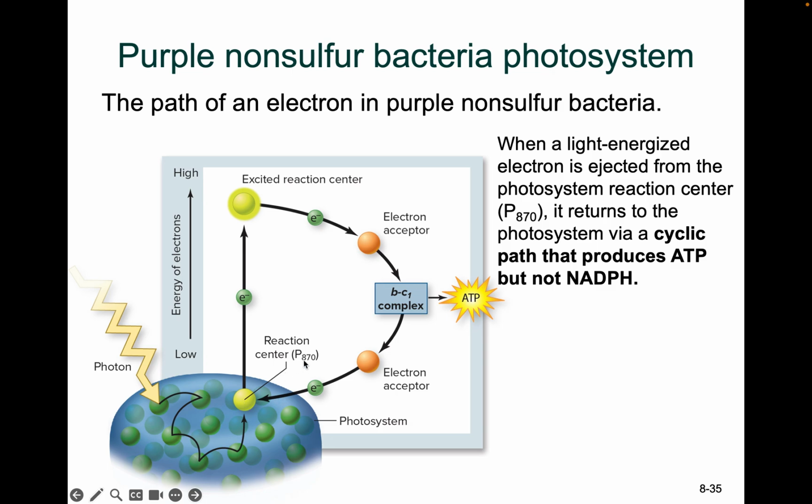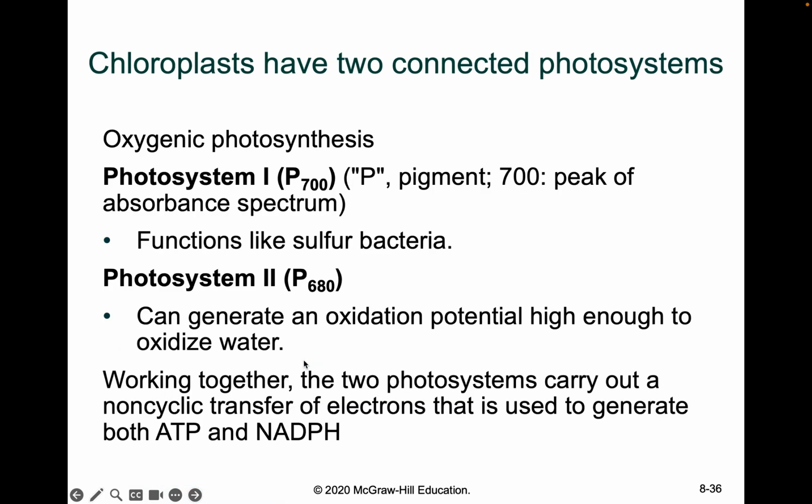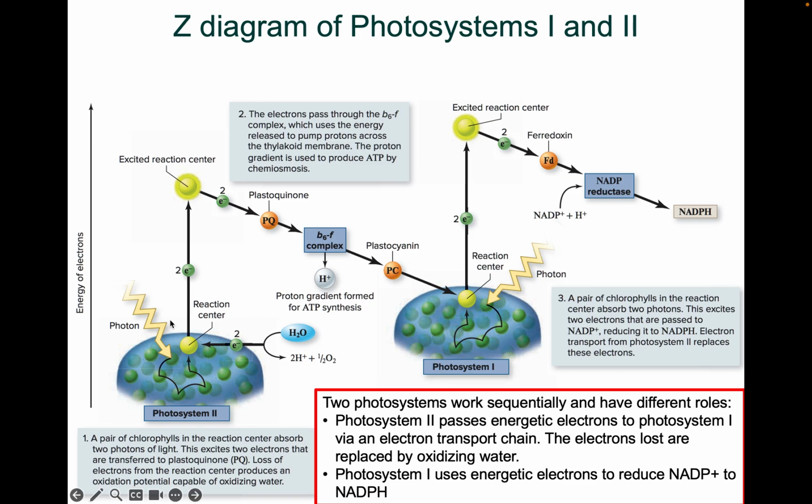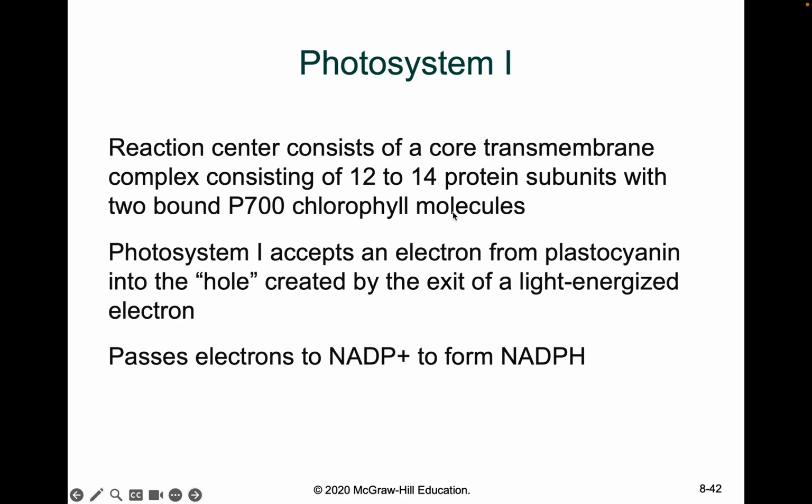While in both photosystems 1 and 2, in the reaction center, you have two chlorophyll A molecules. That's why they're releasing two electrons. It's quite straightforward. They're also a bit bigger than photosystem 2 because they have 12 to 14 subunits of transmembrane proteins.